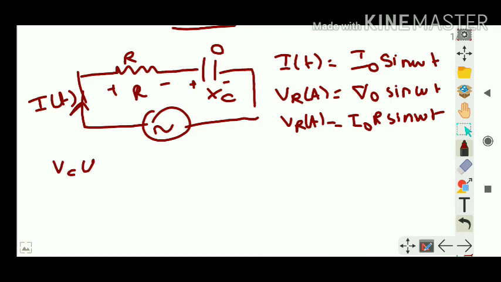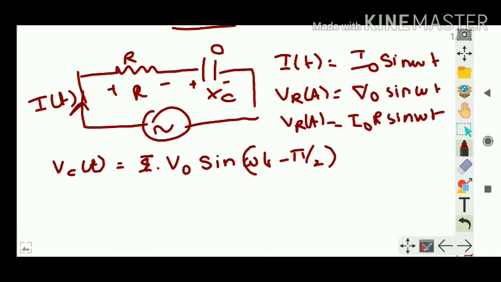Now, what will be the voltage across the capacitor, which we have learned earlier? In a capacitor, the current leads the voltage by the angle pi by 2 or 90 degrees, or I can say voltage lags. So across that I will write V naught sine omega t minus pi by 2. Current is leading voltage, so that means voltage will be lagging behind current.